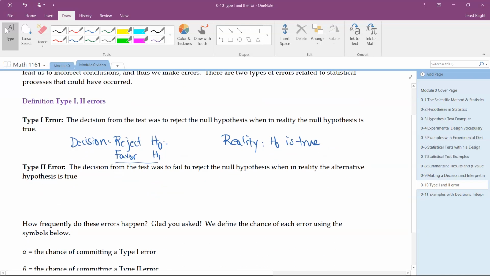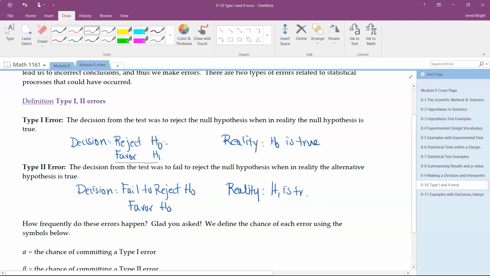A type 2 is exactly the reverse. The decision is to fail to reject the null. So we would favor the null over the alternative. We don't prove it by any means, but then in reality, the alternative is true.